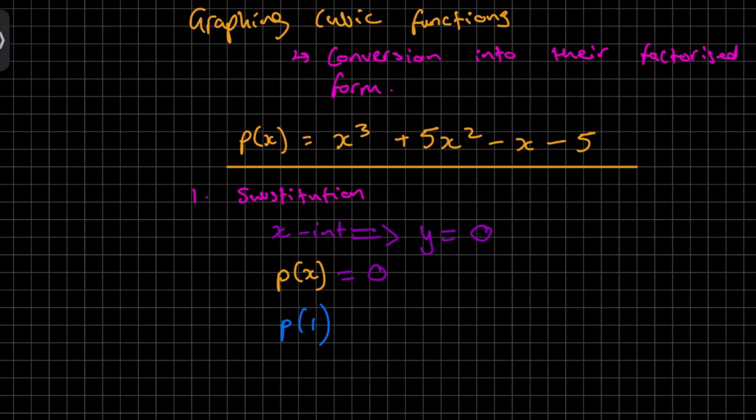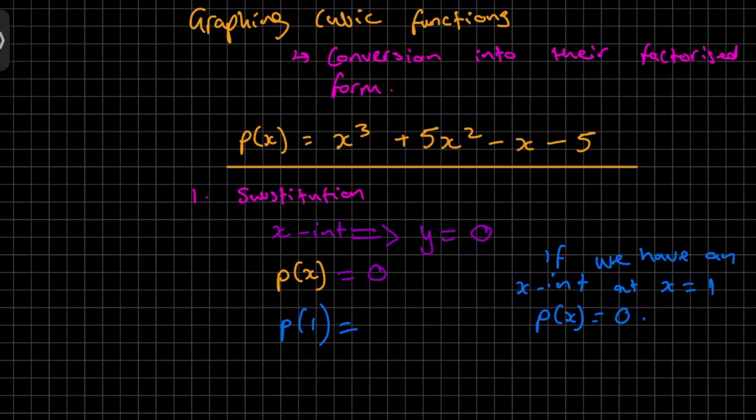If we have an x-intercept at x equals 1, we know that our p of x will equal 0. So this is what we're trying to determine: if we have an x-intercept at x equals 1, well, substituting the 1 into the equation should give us 0. So let's try and see if this works.